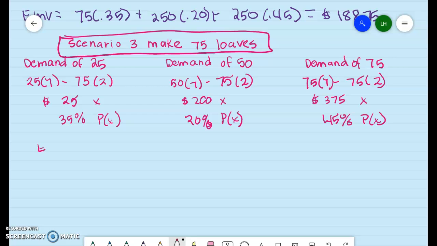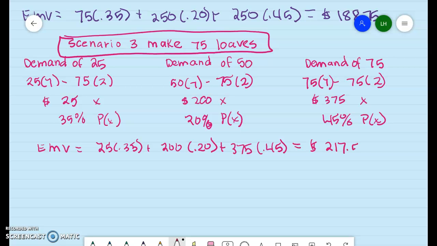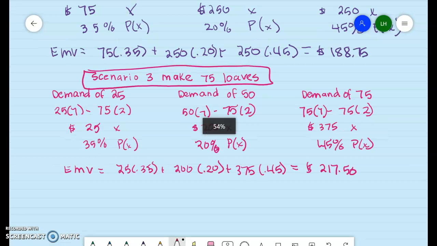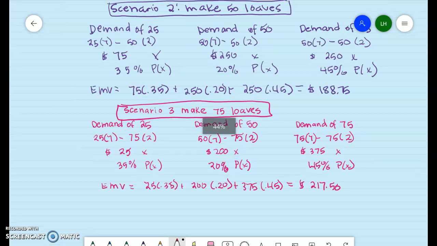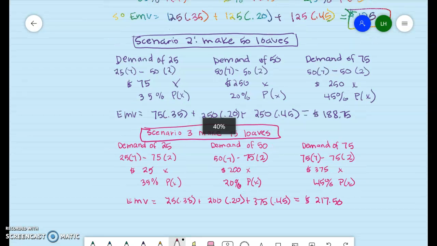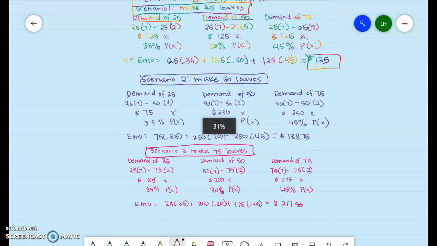So our expected monetary value would equal 25 times 0.35 plus 200 times 0.20 plus 375 times 0.45, and that would come to $217.50.